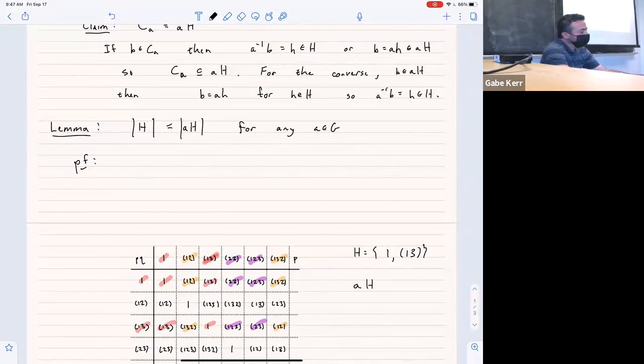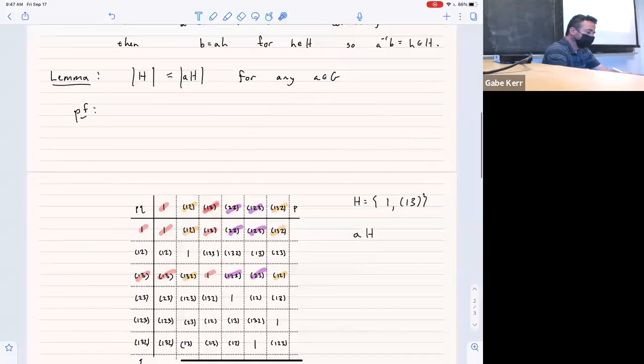Well, let's be clear about something. These cosets are not groups in general, not subgroups in general. If I take the red one, this is H, so it is a subgroup. But if I look at any of the other two, or in general any of the other ones, these aren't groups. If I square this, I get 1, and that's not in that set.